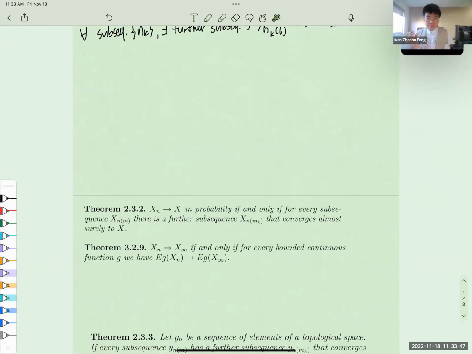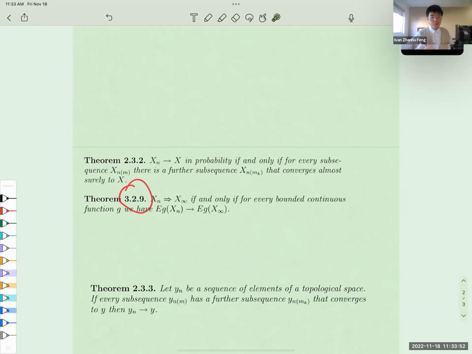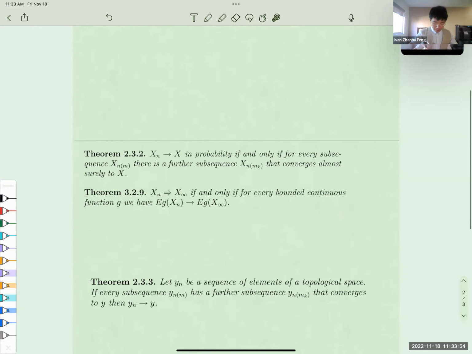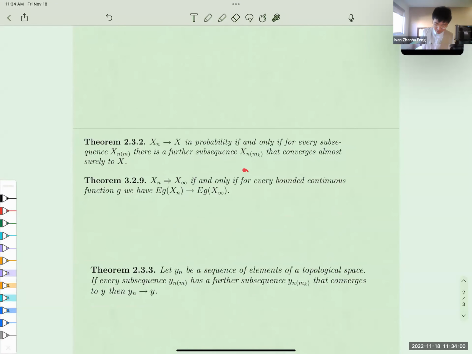Now to proceed, let's invoke a different theorem called theorem 3.2.9. It says this weak convergence is the same as the following statement: for every bounded continuous function, their expectations converge like so. So it has a famous corollary.